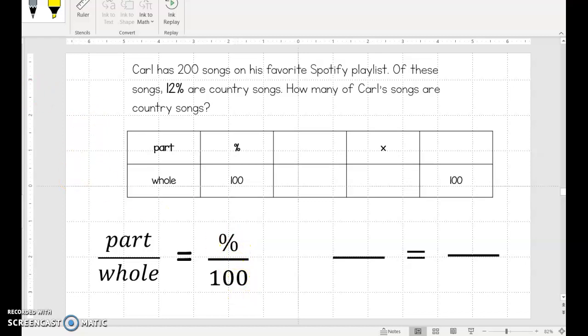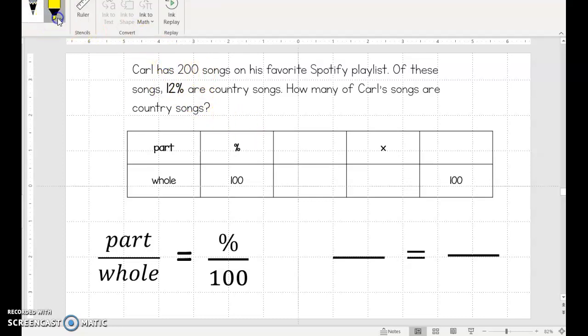Okay? So the question says, Carl has 200 songs on his favorite Spotify playlist. Of these songs, 12% are country songs. How many of Carl's songs are country songs? So, as usual, I'm going to take my information from my word problem and transfer it to my table.